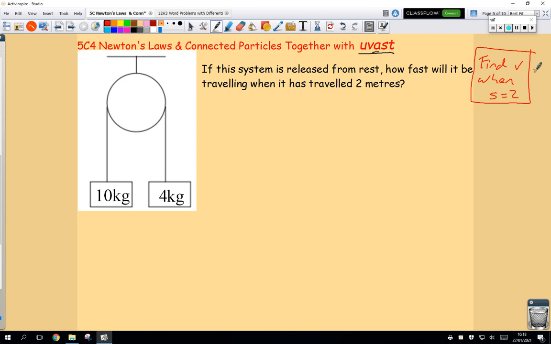One thing I know is I can calculate the acceleration of this system. So what am I going to do to calculate it? Well, I'm going to use some force diagrams to help me calculate this out.